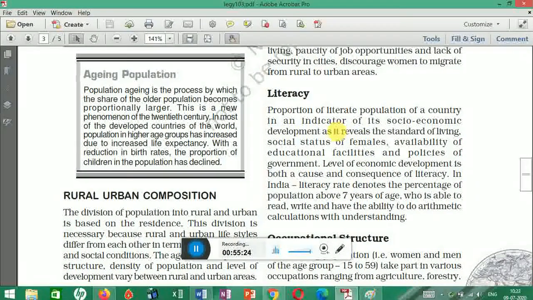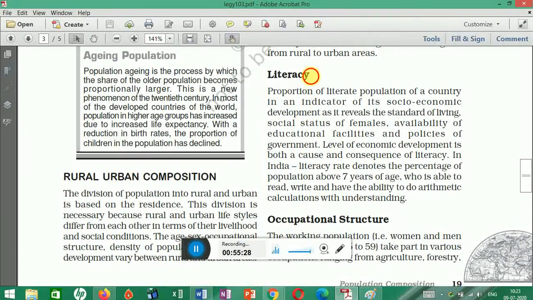So next we have another aspect of population composition, that is literacy. In class 9 you have learned who is a literate in case of India. According to the census of India, it is given here.